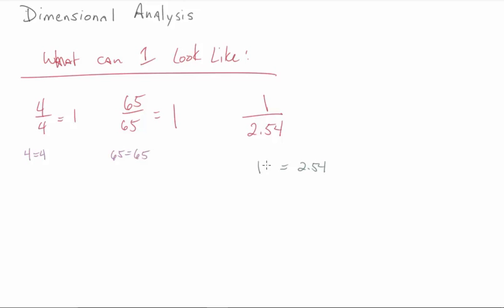What are the units going to be? 1 inch equals 2.54 centimeters. That is a true statement, ladies and gentlemen. So when I look at my number up here, as long as I put those units in and I have this equality down here that is true, it makes this equal to 1.